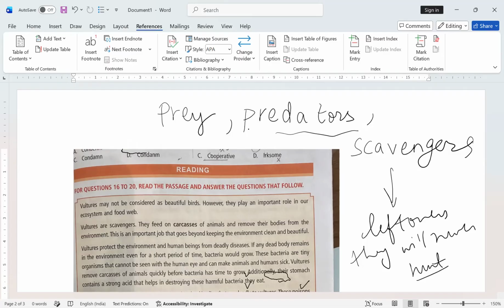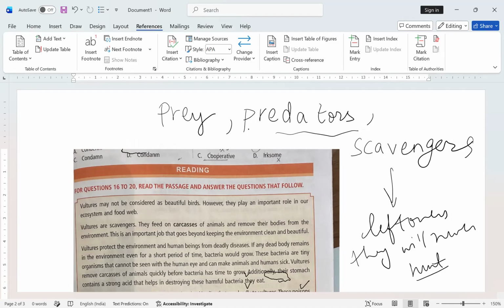It can be a rat, anything, and it is going to catch the live rat, and then it is going to kill it and eat it. And that killing can happen by just holding the rat around the neck for a very long time. Now this shows that they are predators and prey. Okay?